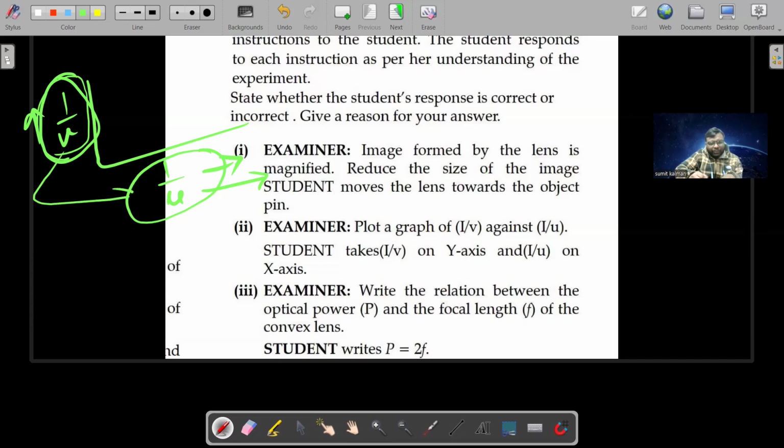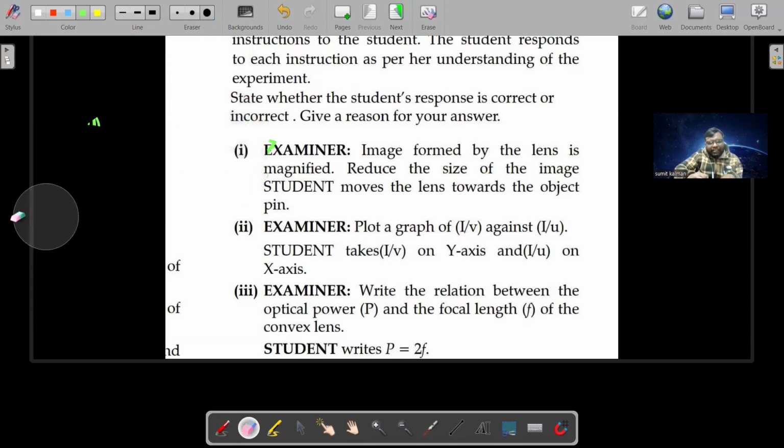It depends on 1 upon u. If 1 upon u changes, there will be a corresponding change in 1 upon v. So here the student's response is correct.